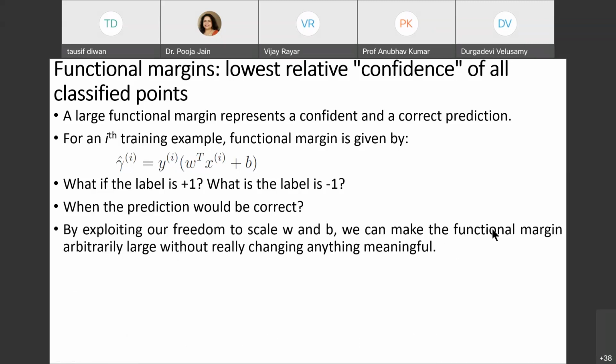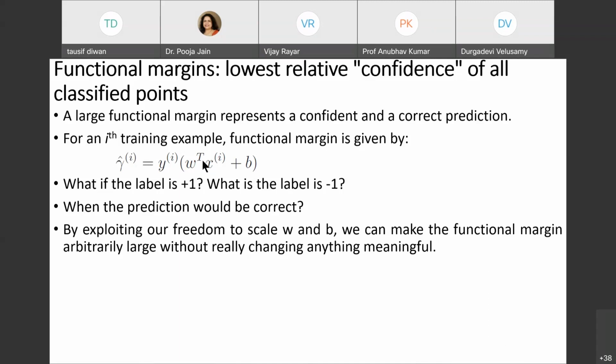One more very important thing with this functional margin: the formula for the functional margin is gamma cap for the ith sample is yi multiplied by W transpose xi plus B. Just increase W. Instead of W, can you consider twice W? And instead of B, twice B? What will happen?